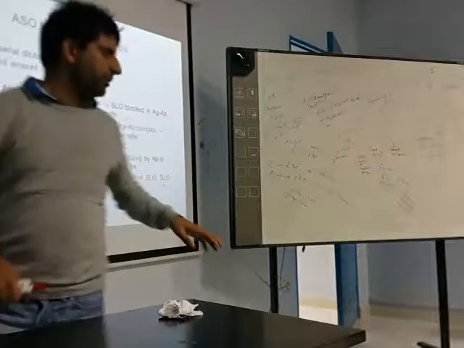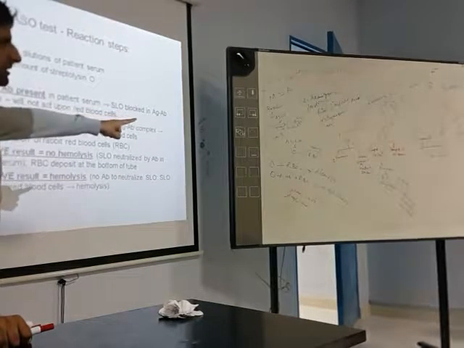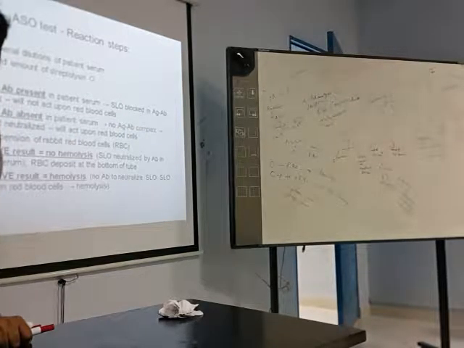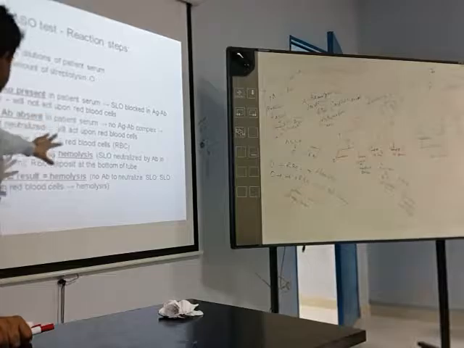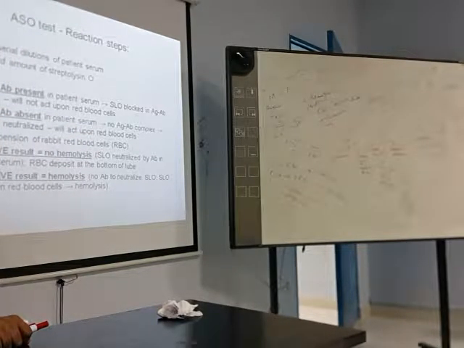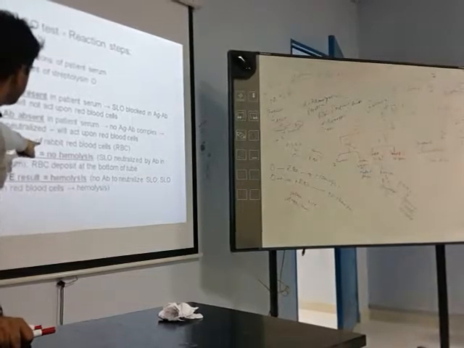So this is the principle of this test. These three steps are very important. If antibody is present, there will be no hemolysis. Negative test: if ASO is absent, the toxin will act upon the RBCs. When we do this test, you need the patient serum, a standard amount of streptolysin O, and sheep or rabbit RBCs.